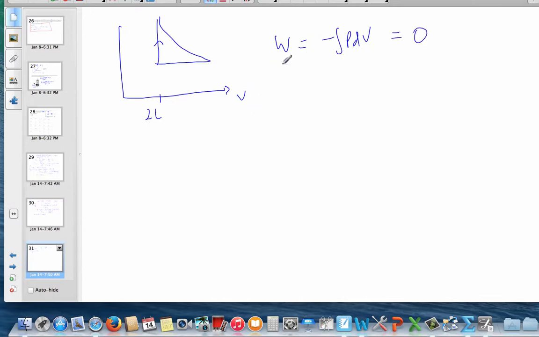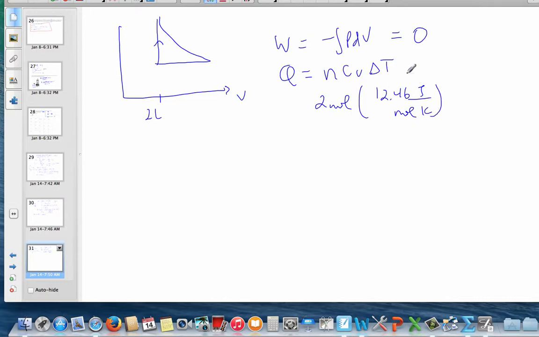So what's happening is there's some heat flow into it that's warming it up. And because this is a constant volume process, we have to use the constant volume specific heat. That value is given as 12.46 joules per mole Kelvin.